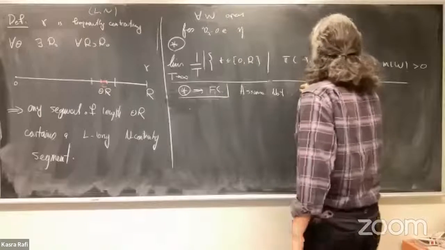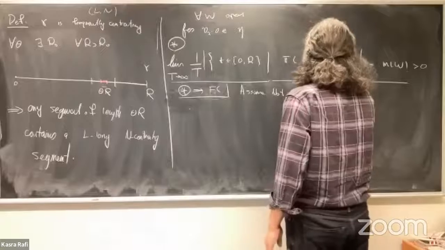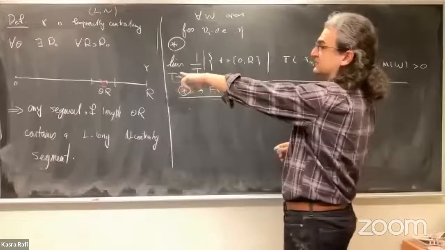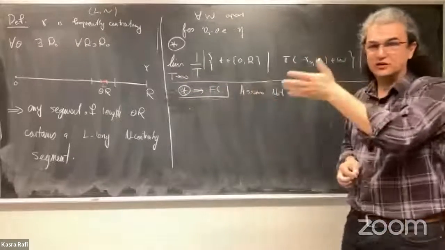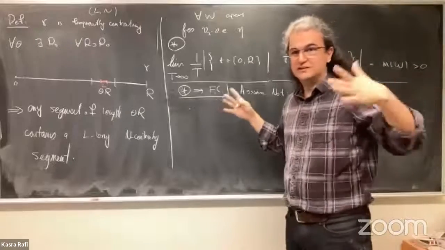So assume not. What does that mean? That means there exists a theta such that this doesn't happen at all. Like for longer and longer R's, this doesn't happen.